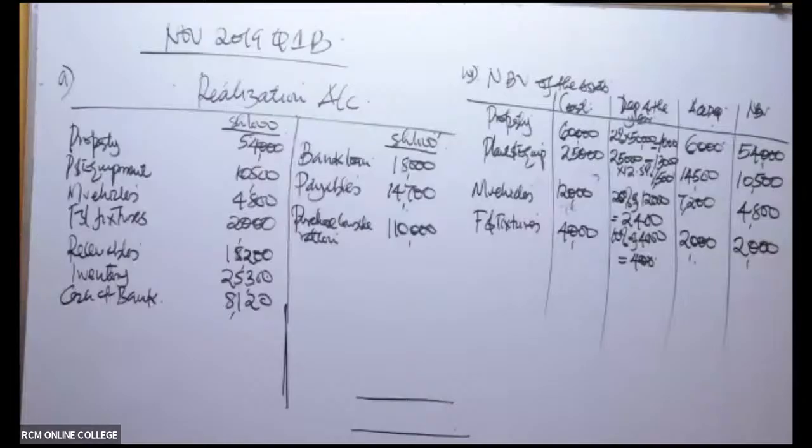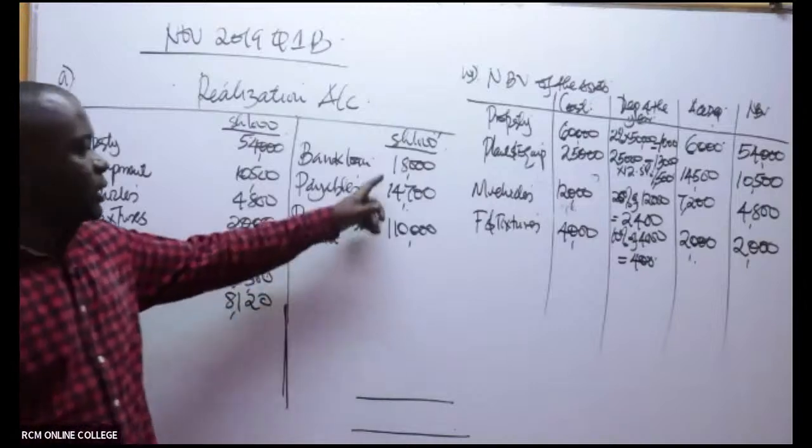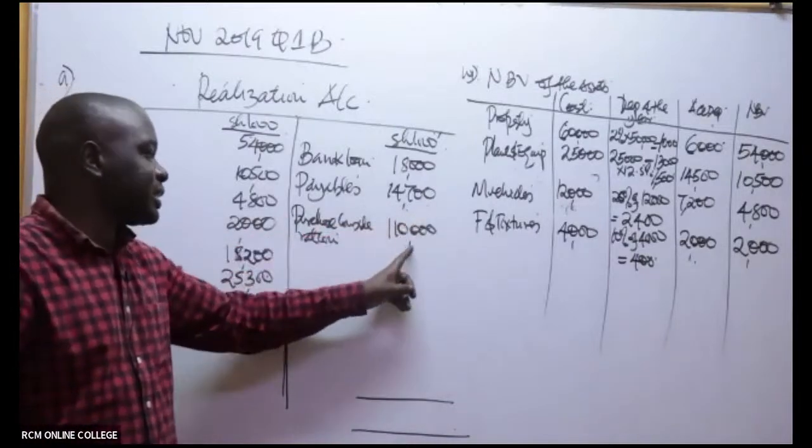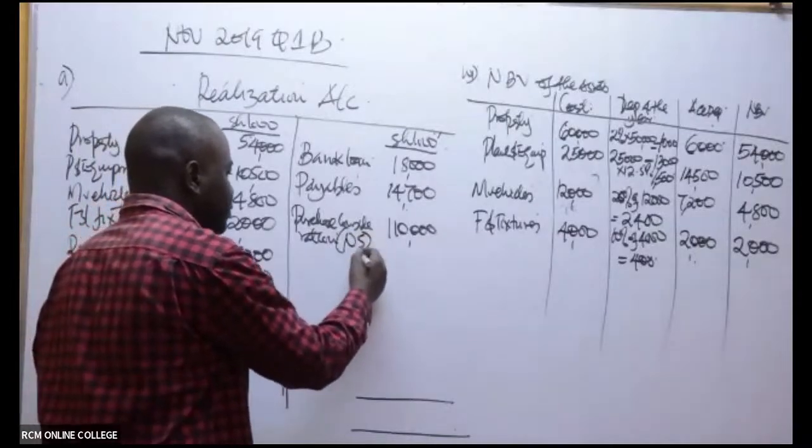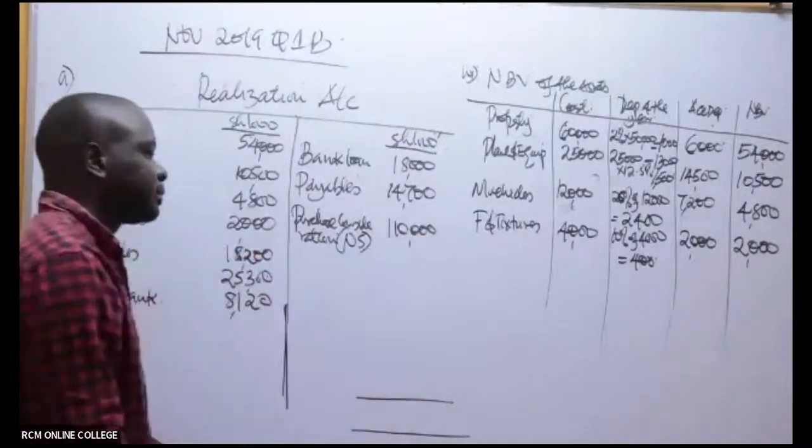I can see you're saying 142,700. I can see Elizabeth guessing 33,800. Remember, this one is 18 million, this one is 14,700, and this one is 110 as per note number 5.